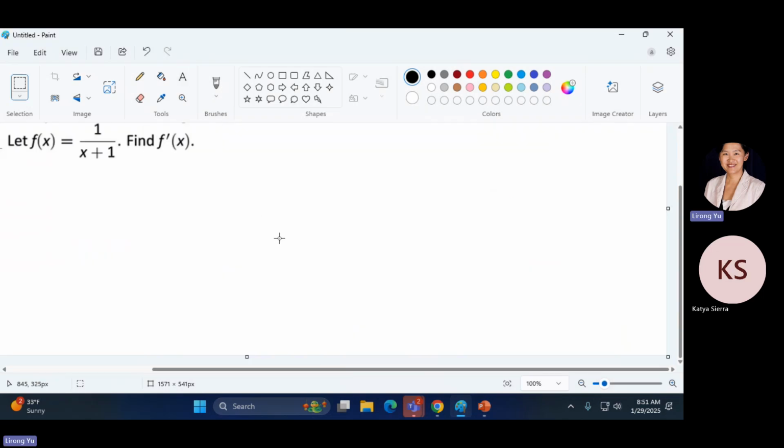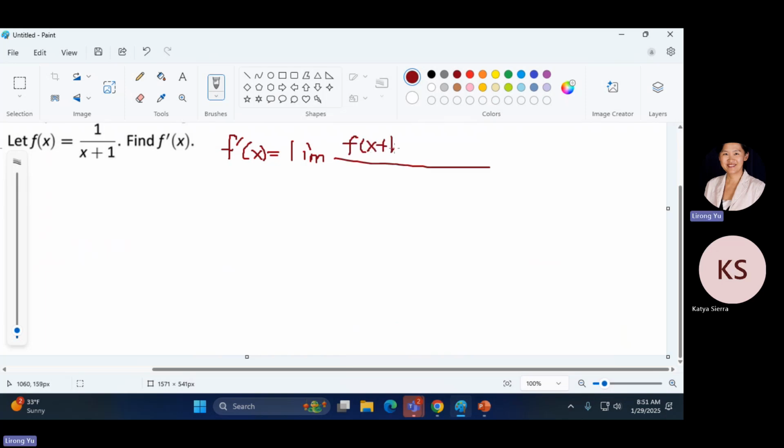Okay, so first thing is to write down the definition so we can follow. Start from there. So we have f prime of x is equal to the limit of the numerator f of x plus h minus f of x, divided by h, and h is approaching 0.